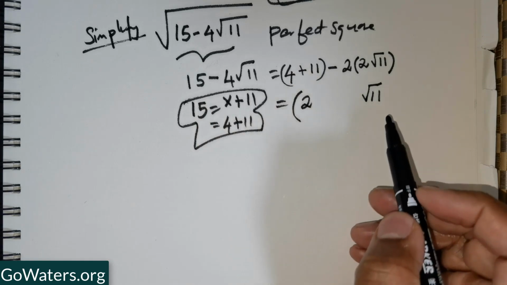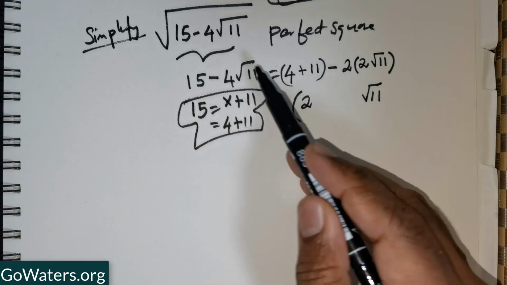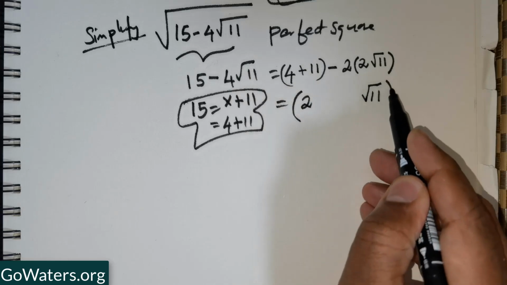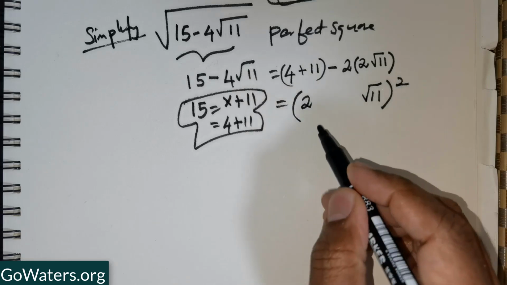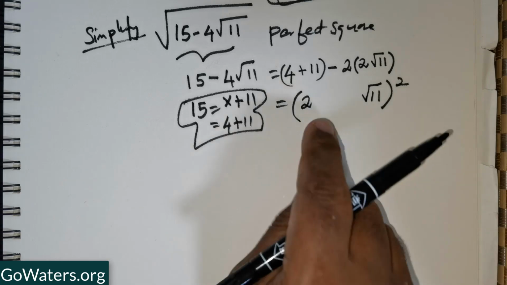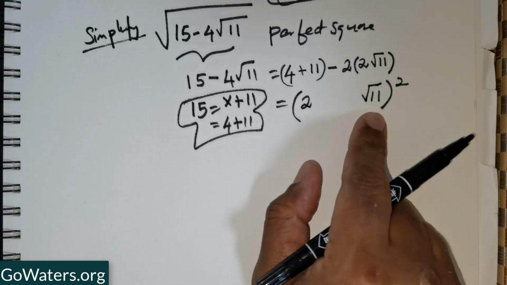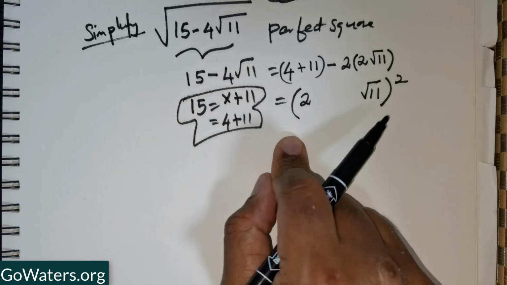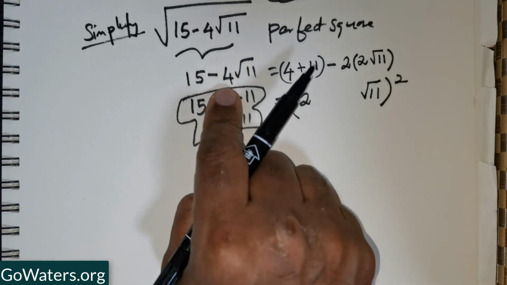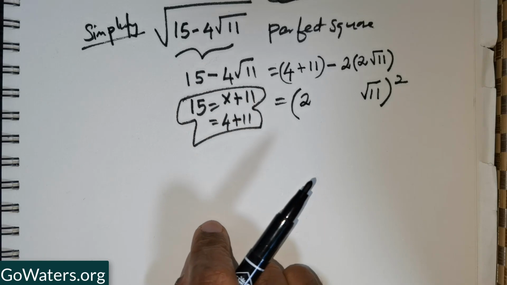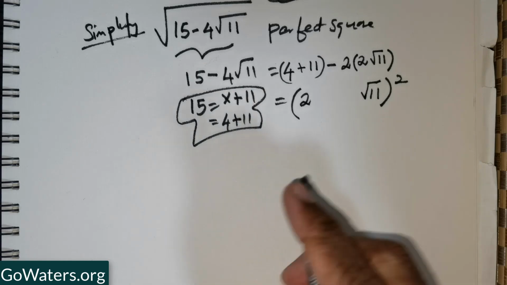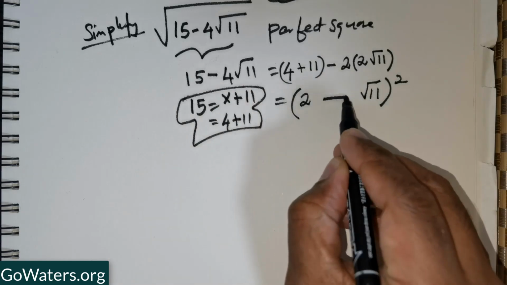Now comes the middle term. If I place a square here, the square of the first term and the square of the last term already add up to give me 15. But I need to cater to the 4 times root 11. For that, all I need to place here is a negative sign.